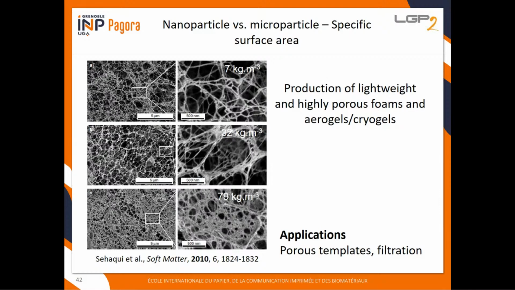You have some examples here of this aerogel. So depending on the liquid medium, so it can be, of course, water, or it can be a mixture of acetone and water, the porosity can be controlled. And you can see that very low densities can be obtained for these aerogels, meaning that we can apply this nanocellulosic material for porous templates or filtration.